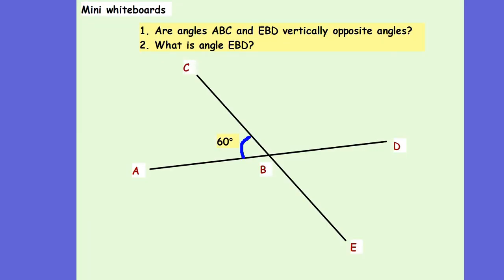Mini whiteboards or rough books. Are angles ABC and EBD vertically opposite? Are these two angles vertically opposite? And what is angle EBD? Question 1, yes, they are vertically opposite, therefore this angle must be equal to 60 degrees.